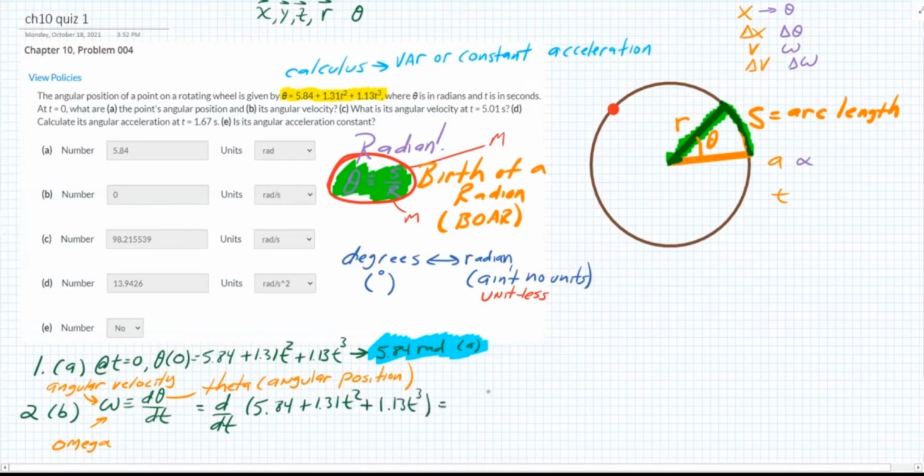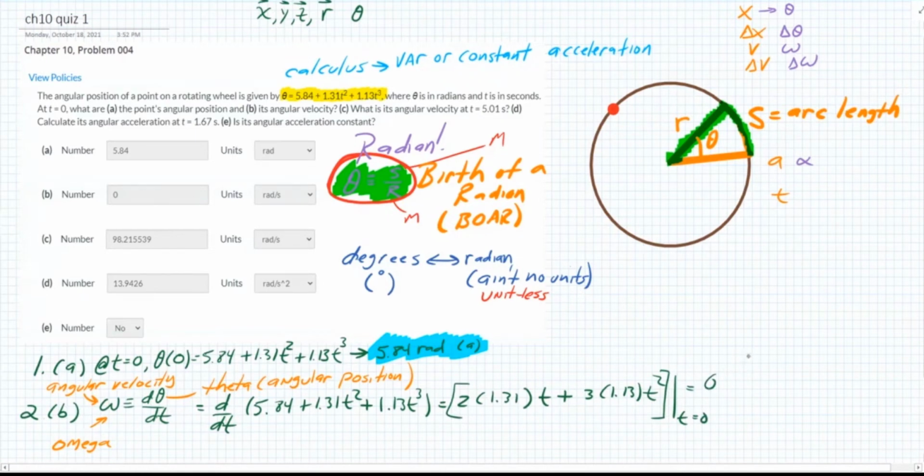The power rule says I'm going to have 2 times 1.31 t plus 3 times 1.13 t squared, and we evaluate that whole thing at time equals 0, and the answer is 0 meters per second.